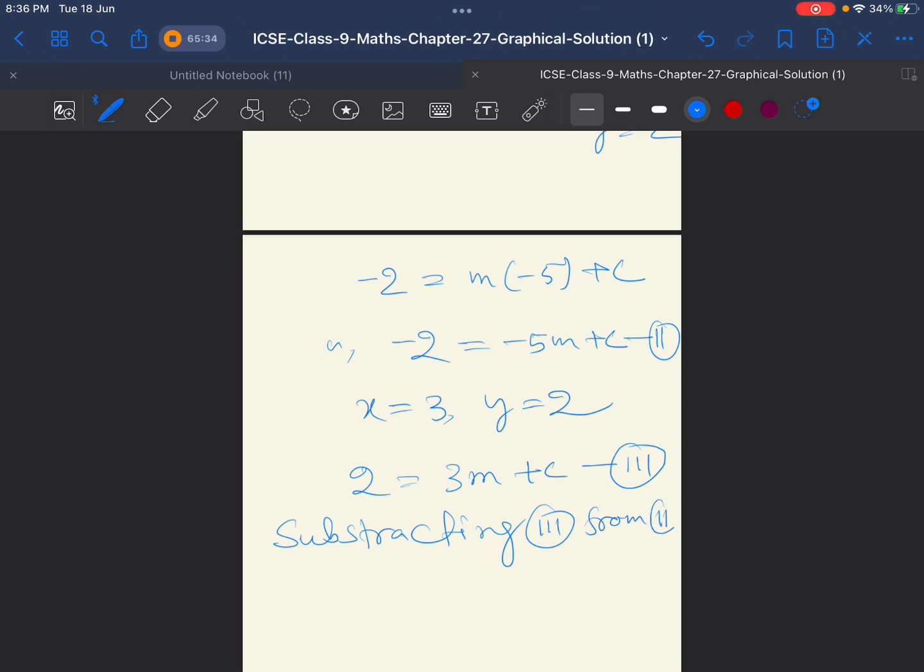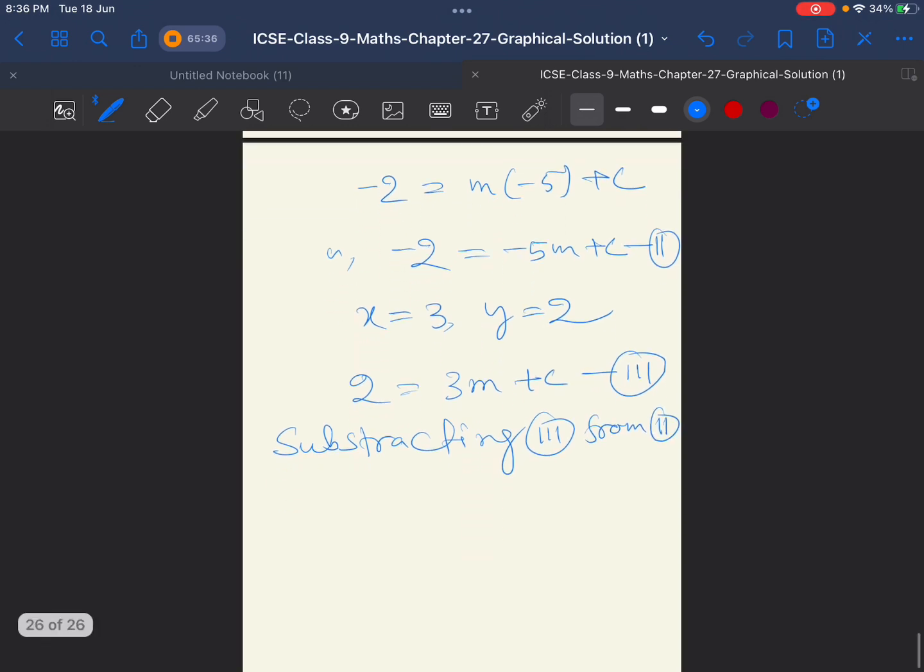Now subtracting equation 3 from 2. Minus 2 equals minus 5m plus c, and 2 equals 3m plus c.